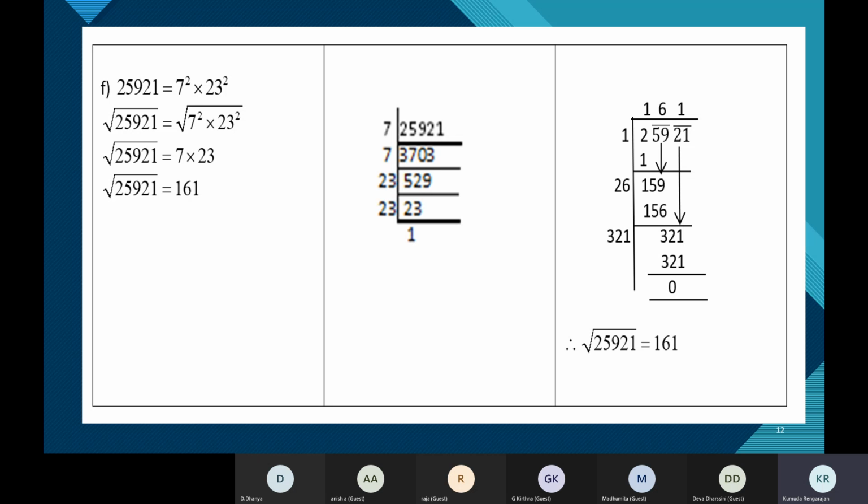How? Now this 529 is more than 20 square. That is, 20 into 20 is 400, correct? Yes or no, children? Yes, ma'am. Okay, so 20 into 20 is 400. And what is 30 into 30?